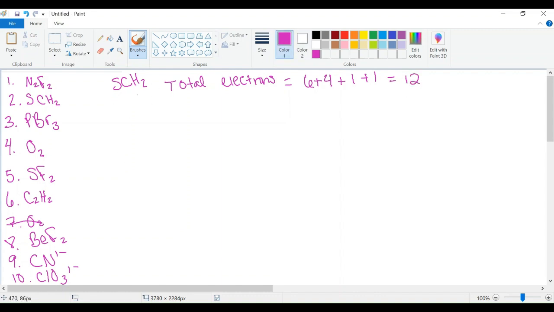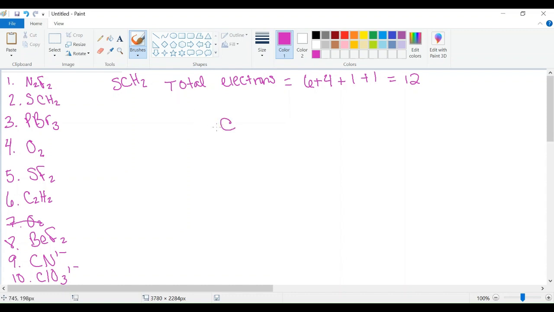Now, when I give you a structure like this, I'm going to tell you what the central atom is. I can't remember if I did on the Pear Deck or not, but if I gave you one like this on an exam, I would always tell you what the central atom is. But in this molecule, carbon is going to be my central atom.